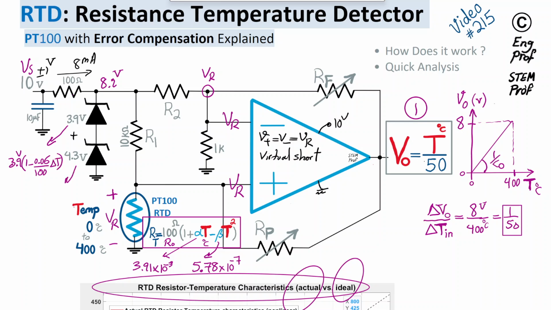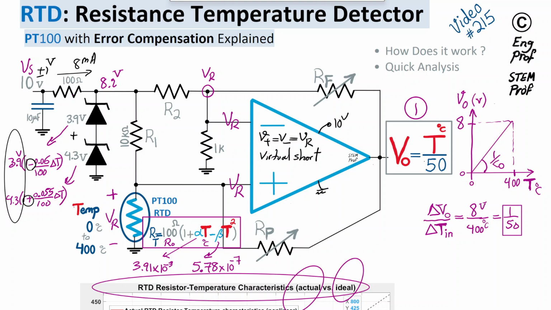The other one, 4.3, is 4.3 times (1 plus 0.055 divided by 100 times delta T). Since these two reverse bias voltages of the Zener diodes are almost the same, and their temperature coefficients are almost the same except with counteracting signs, temperature-wise these two Zener diodes counteract each other, and therefore the overall 8.2 volt will become very stable with practically near zero temperature coefficient.